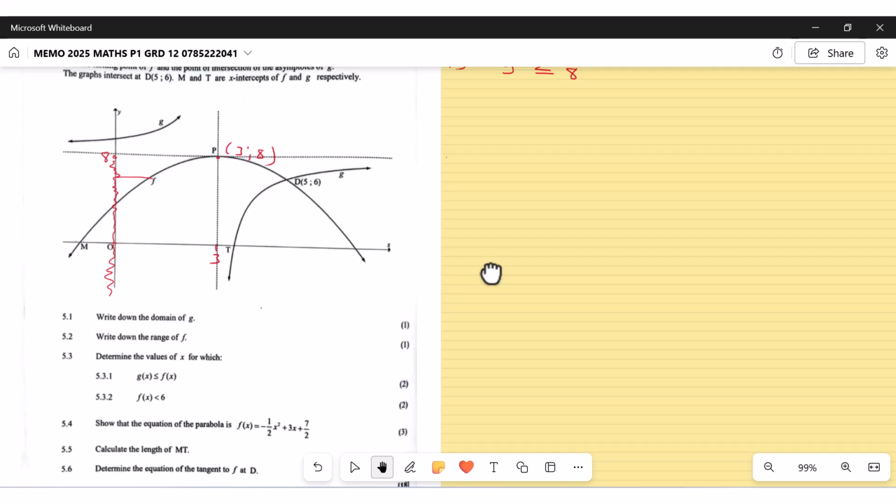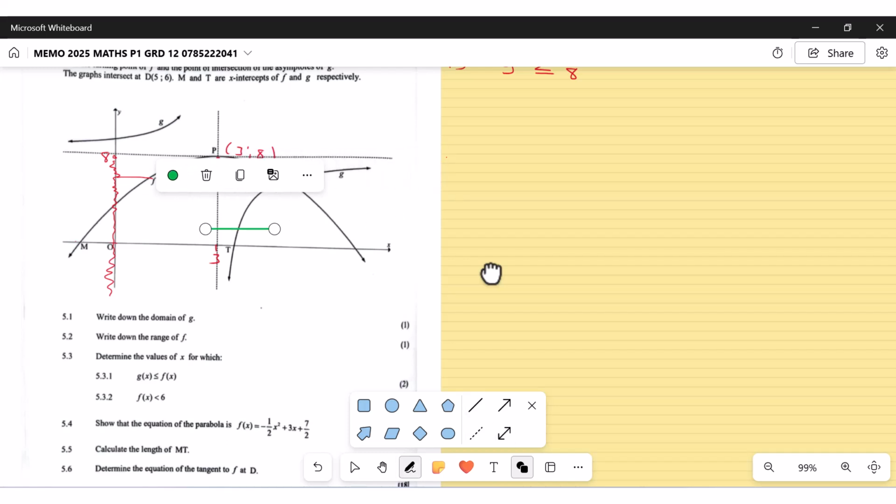Let me divide my graphs into portions along the x-axis. So I have this one here, this portion here, and then this other portion here.